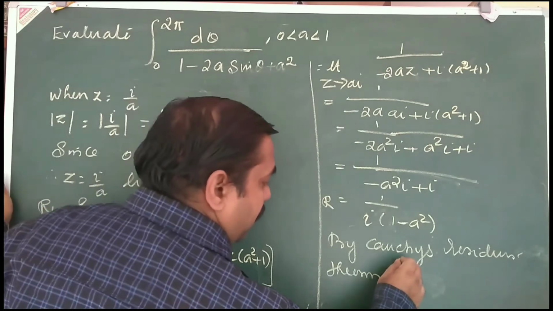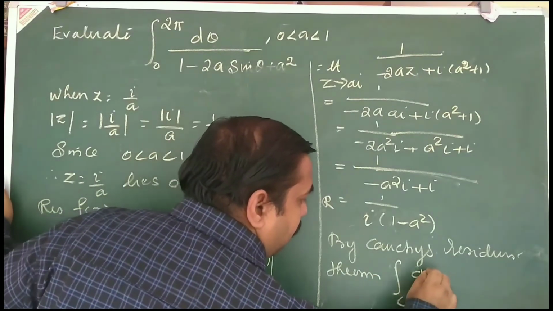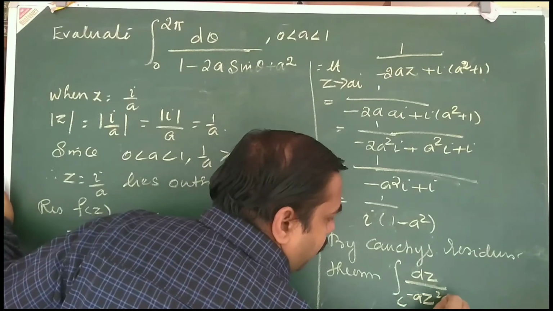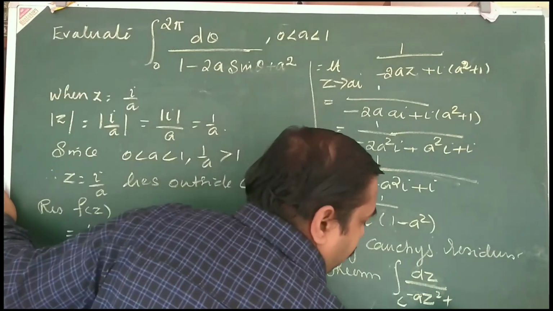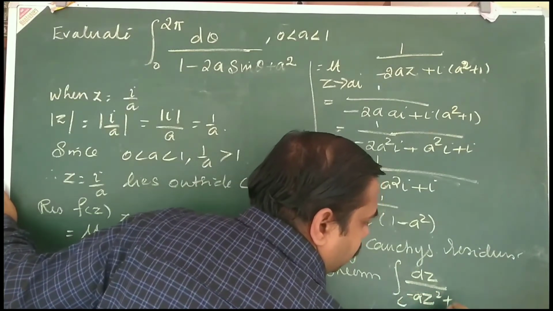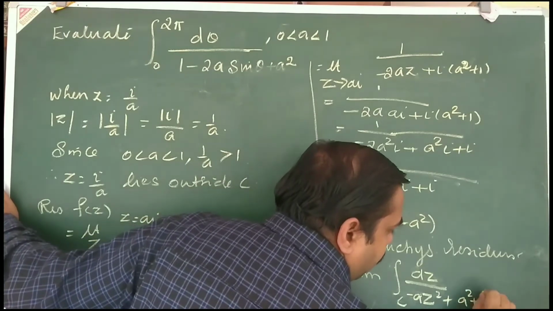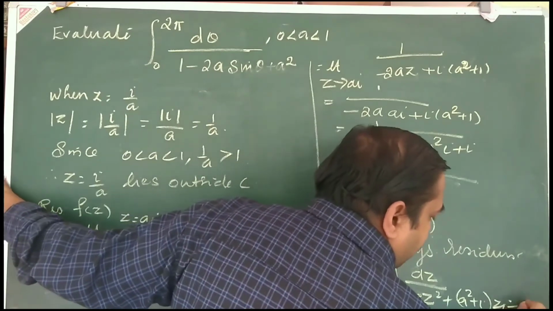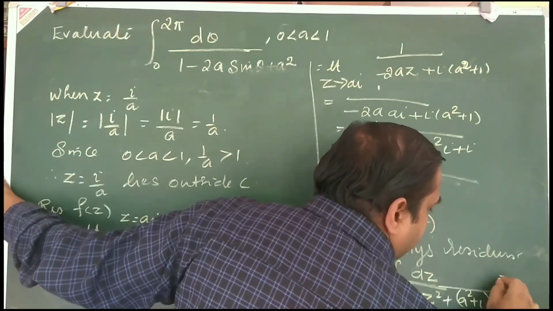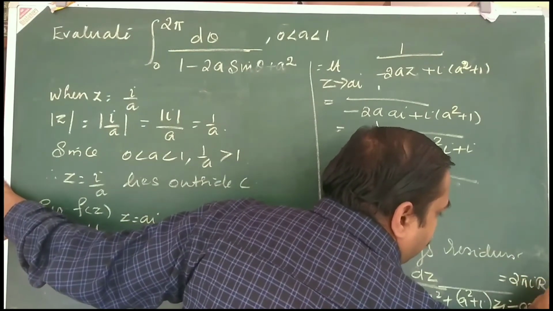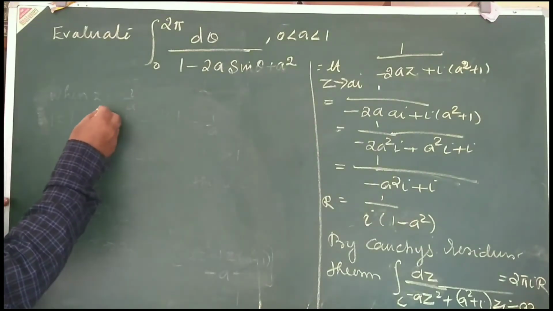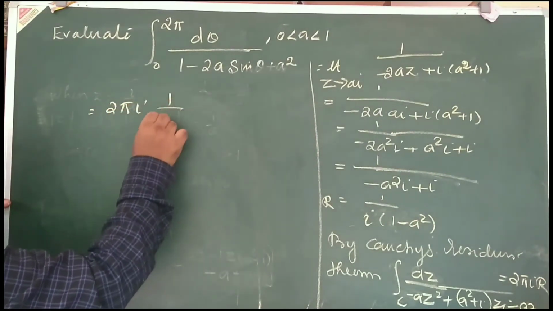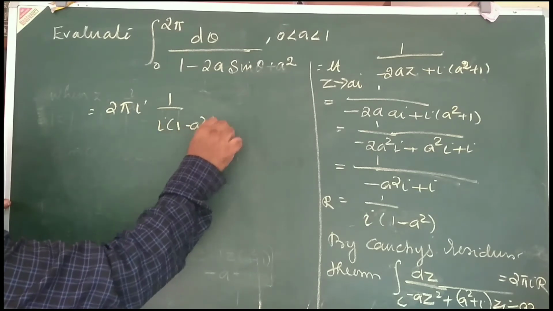Integral over C dz by (−az² + (a² + 1)iz − a) is equal to 2πi into R. That is equal to 2πi into R value, 1 by i(1 − a²).